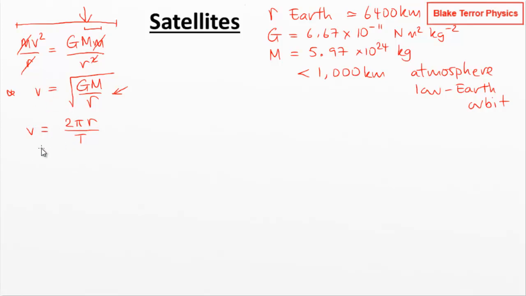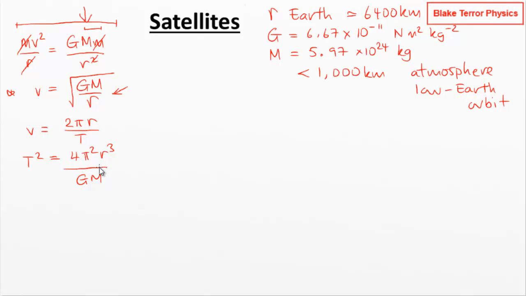It's just a straight substitution to eliminate v and get t as a function of r. That then gives us that t squared is equal to 4 pi squared r cubed over GM. So that is, as I say, Kepler's third law, which is that the square of the orbital period is proportional to the cube of the radius of the orbit.